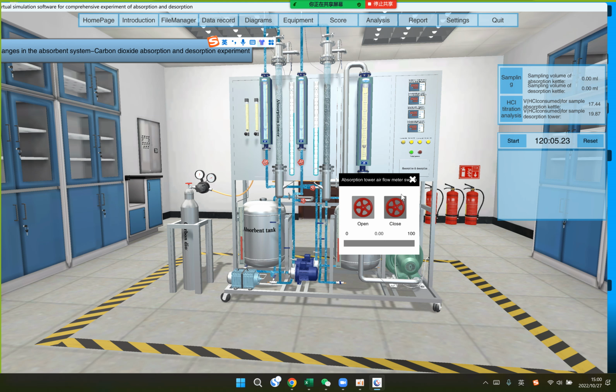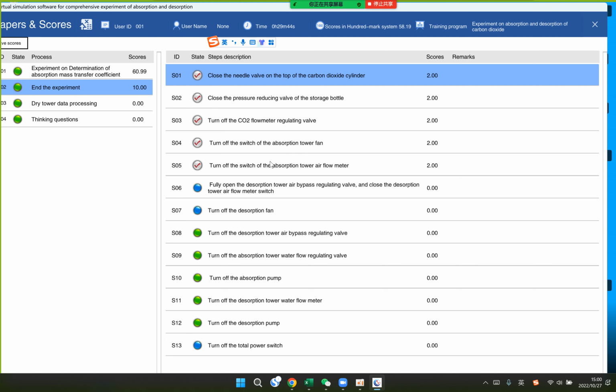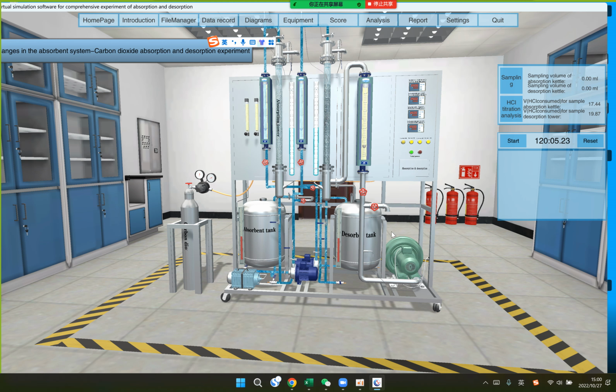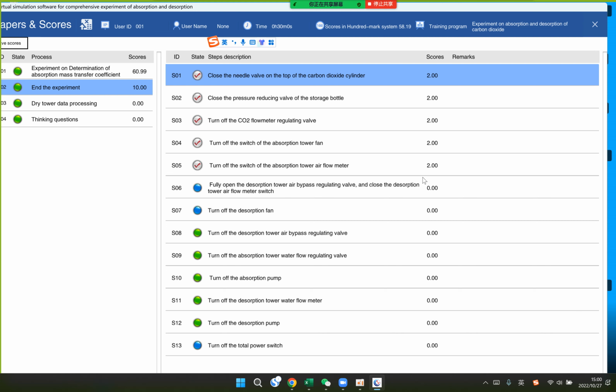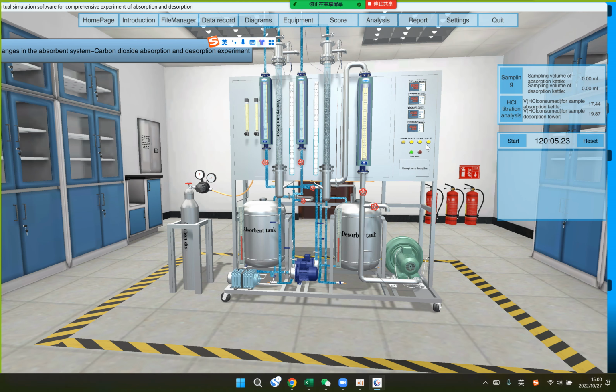Fully open this option. Because it's the vortex air pump, we have to fully open it, and then close this one.